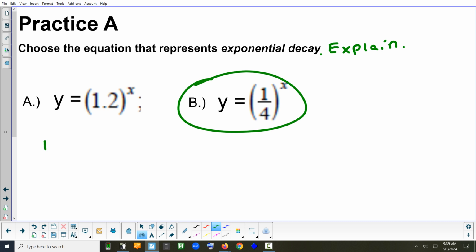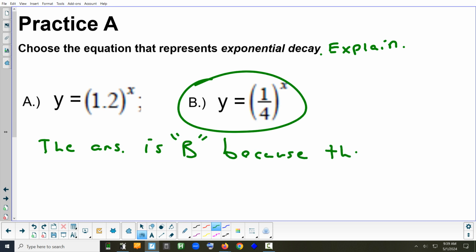So the answer is B, because the number is between 0 and 1.